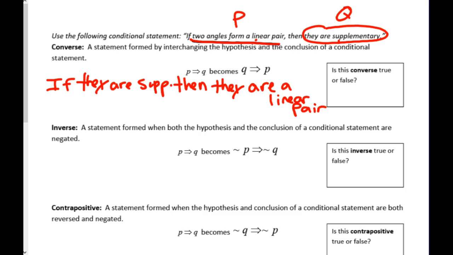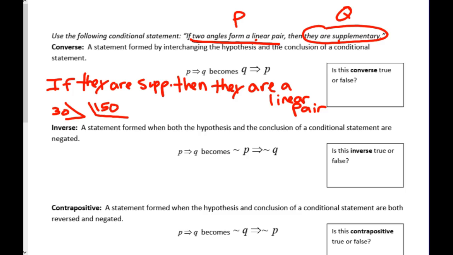Okay, now, real quick. Is this statement true on the board here? If they are supplementary, then they are a linear pair. Now, the difference between supplementary and linear pair is that supplementary angles can be disconnected. So check it out. Here's an example. 30 and 150. Are those supplementary? What do they add up to? 180.